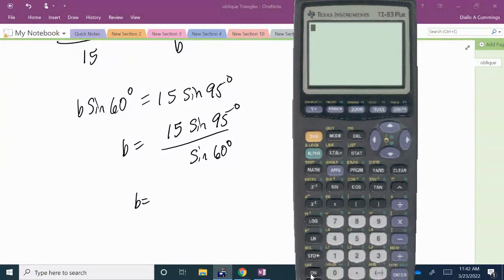I'm going to evaluate that on the calculator. So we have 15 times the sine of 95 degrees. Make sure that you close off your argument for sine, divided by the sine of 60 degrees, gives us 17.3.